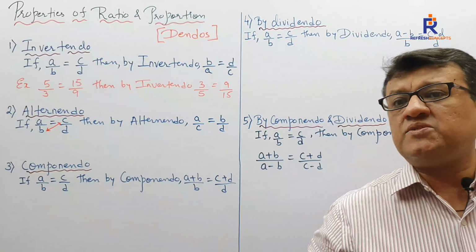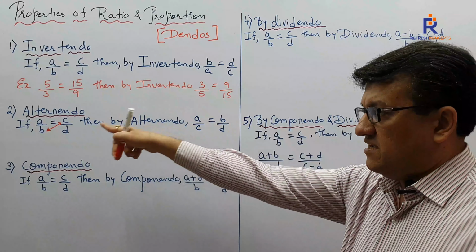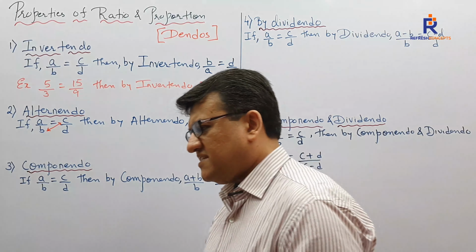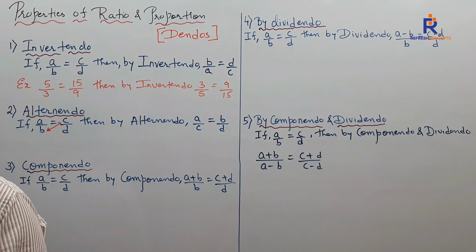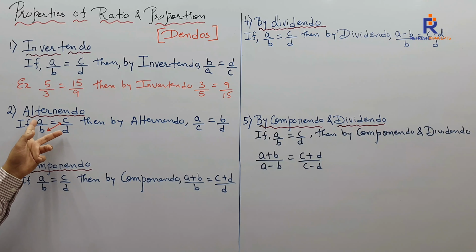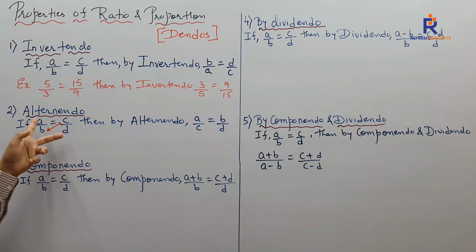When we swapped the positions between B and C, we get A by C is equal to B by D. The question that arises in your mind right now is that every time in alternendo, it's always B and C that get swapped. It is never A and D that get swapped. Children, alternendo applies to A and D also.